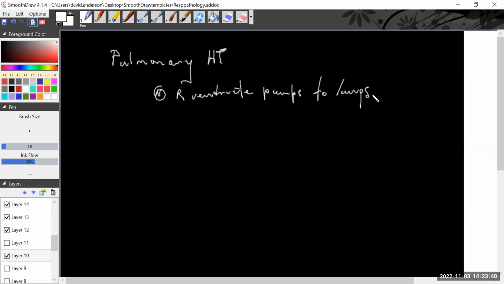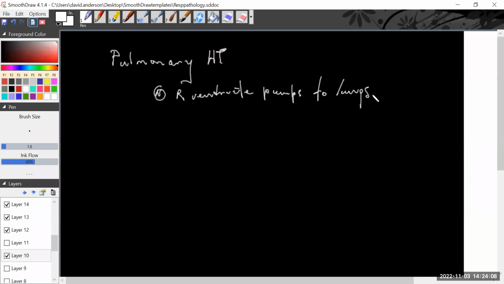And the right ventricle, we mentioned when we talked about the heart, the wall of the right ventricle doesn't have to be as thick as the left because the afterload to the right ventricle is the pulmonary circulation. And the pulmonary circulation has a much smaller afterload, so the ventricle doesn't have to overcome as much resistance in order to deliver the volume of blood in its stroke volume to the lungs.